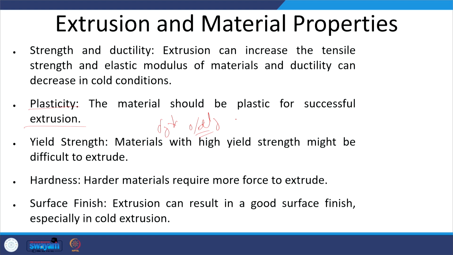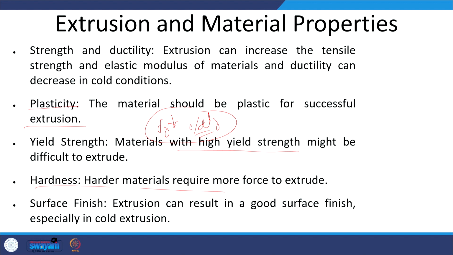If the material does not show these characteristics, then the resistance for extrusion will be high. Materials with high yield strength will be difficult to extrude, because they will not flow and come out of the nozzle. They will require much higher pressure and much higher temperature conditions for extrusion. Similarly, if the material shows higher hardness, then it will require greater force for extrusion, and it may even not be possible. So, for material with lower ductility, higher hardness and limited flowability, sometimes hydrostatic extrusion is found useful.